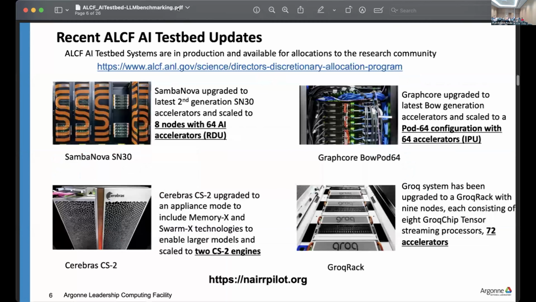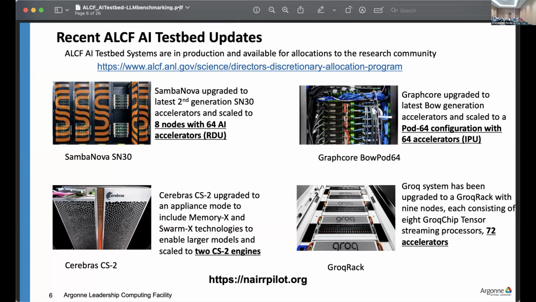Our testbed started with the first generation of deployments from all these systems, and we upgraded them to the latest generation of the hardware, along with an increase in scale. Right now we have 8 nodes of SambaNova RDUs, which is 64 RDUs, 64 Graphcore IPUs, 2 Cerebras wafer scale engines, and the Groq Rack, a primarily inference-based engine with 72 accelerators.